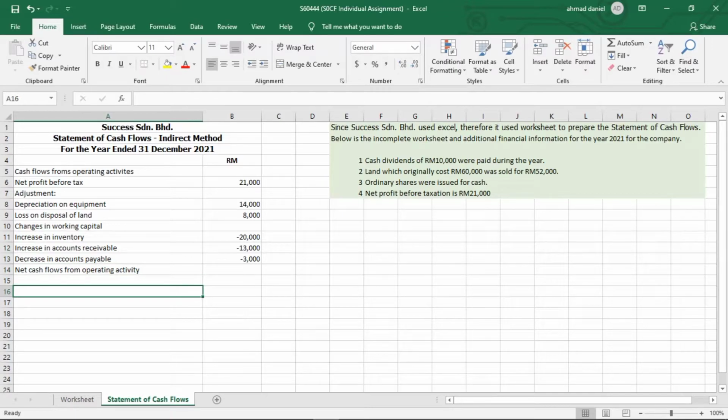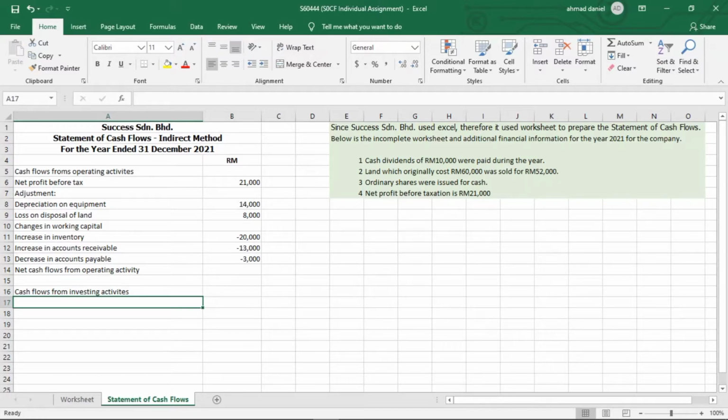Okay, secondly is cash flows from investing activities. The items in investing activities for this assignment are proceeds from sale of land from additional information number 2, where we take the amount sold, only 52,000, and the second is the purchase of equipment in the worksheet.